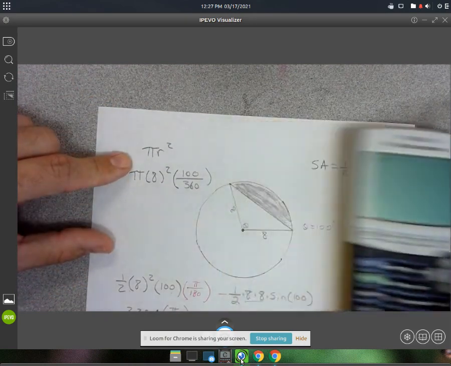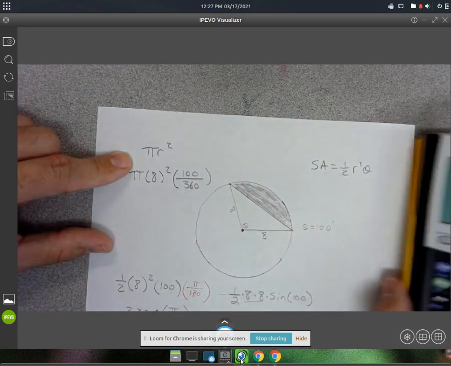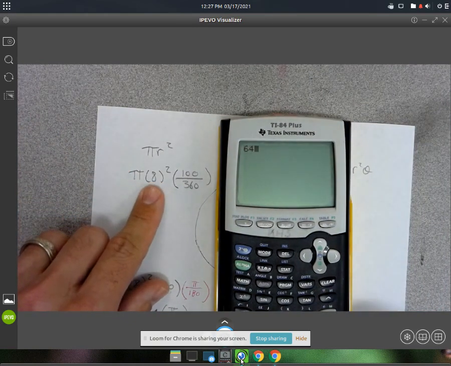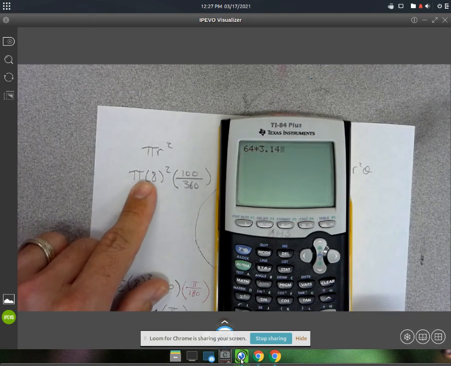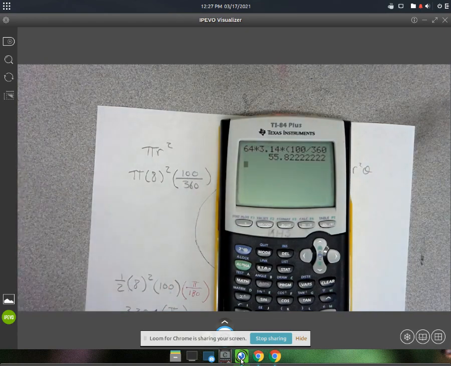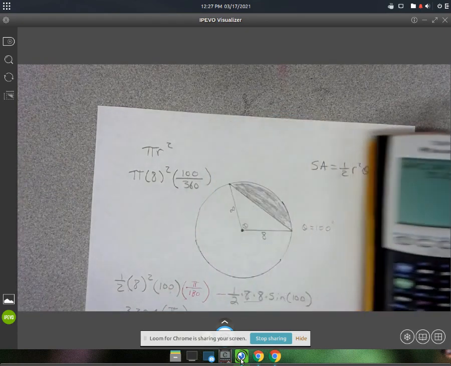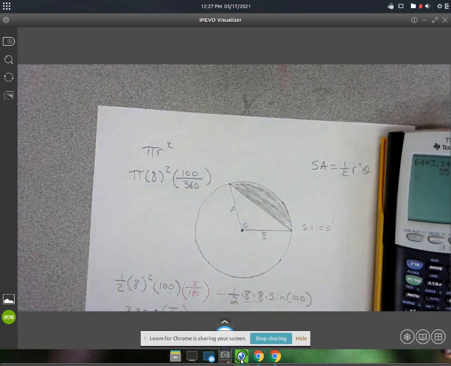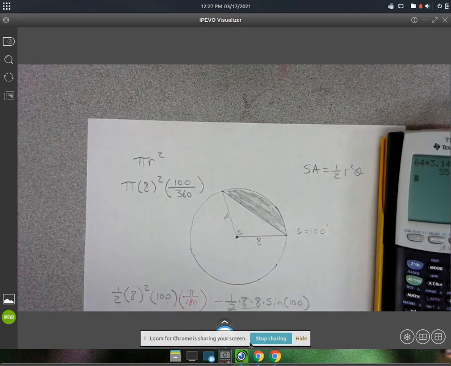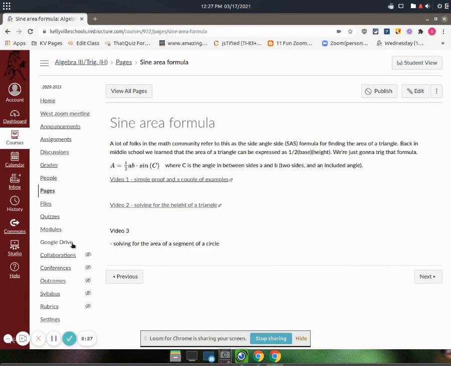The area of just that little sector piece right there is going to be 64 times 3.14 times 100 out of 360, which is 55.82. That would be the area of just that little sector part. And if you wanted to change your degrees, you just change that little spot right there. All right, that's it for our sine area formula. Cool.